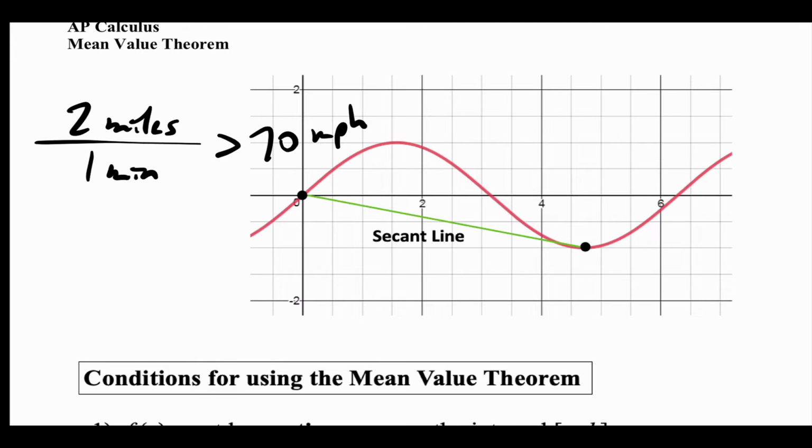I know you're going 2 miles in a minute, but how many miles per hour? So you're going 120, right? 120 miles an hour. Even though I didn't actually clock you at 120, I know for a fact you were going 120 somewhere along the line, right?